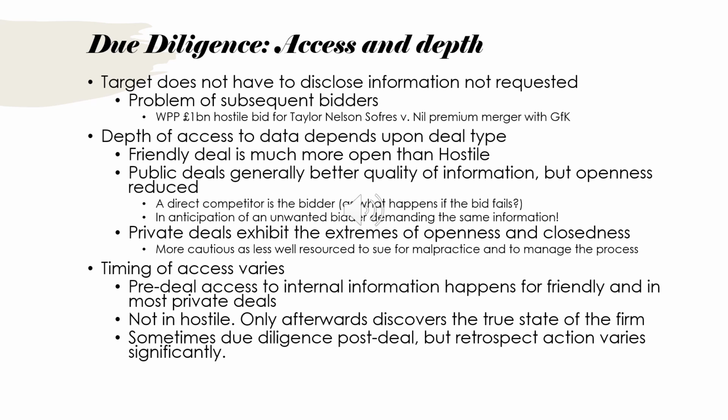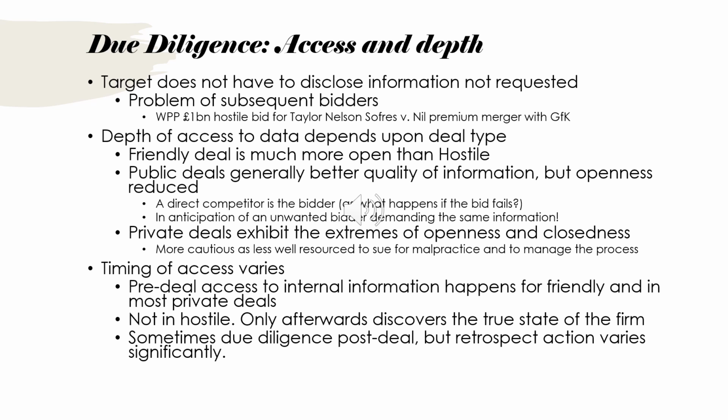A famous example in the UK was WPP, which is the world's largest advertising company, made a hostile bid for Taylor Nelson Sofra for £1 billion after they'd been talking for some while with a German bidder called GfK, who'd offered an attractive premium, a nil premium merger.